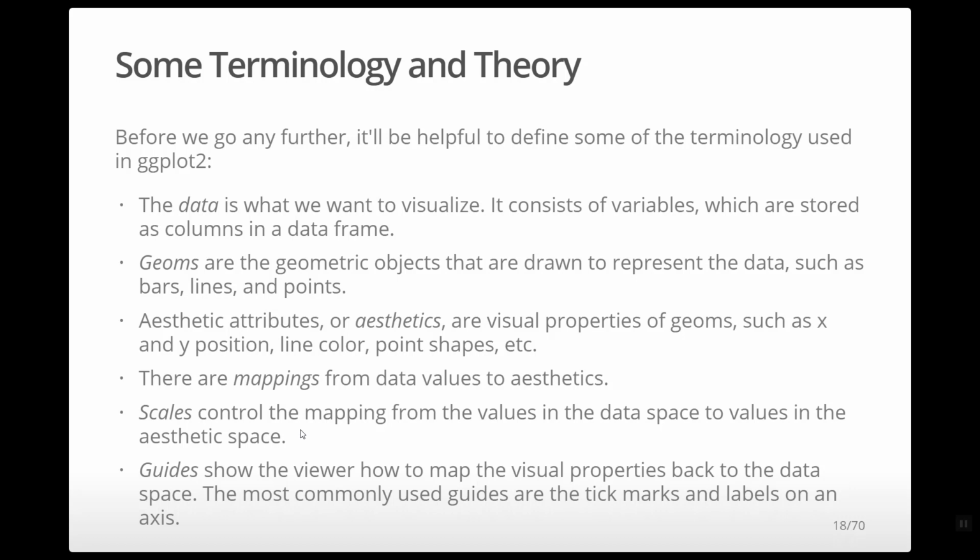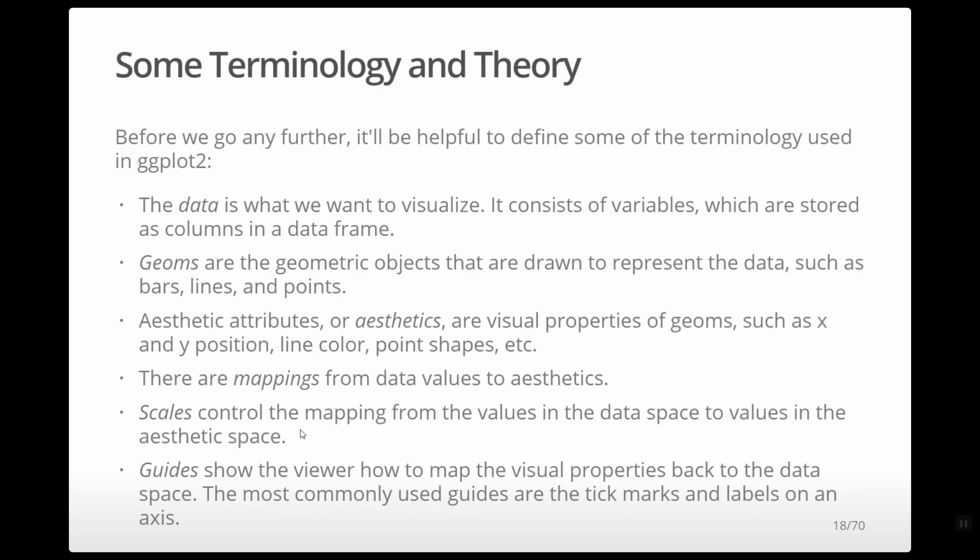Meanwhile, guides work the other way. Guides are things like legends and axis labels that help the viewer to then go from the visual representation back to the data representation. So when we create a graphic, we go from the data values onto aesthetic attributes.